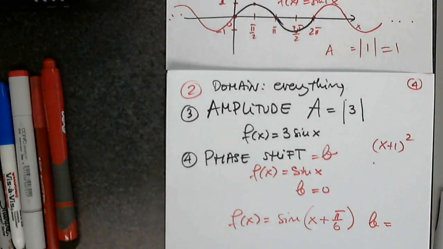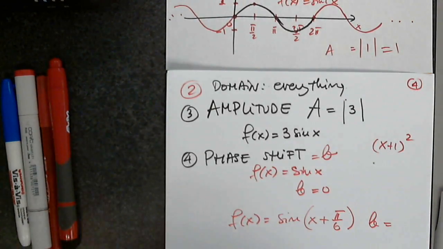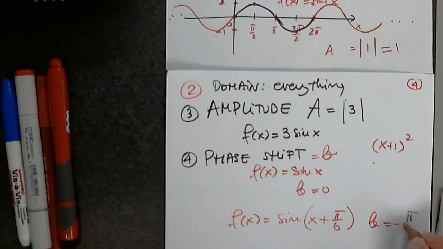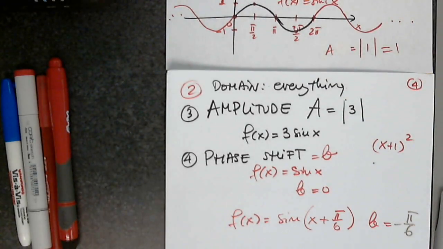Where does this graph go? Exactly. When you say left pi over 6, it means negative pi over 6. So let's graph these functions. If you have your calculators, if not, you can use mine. So let's graph them. So let's graph, first of all, sine x.